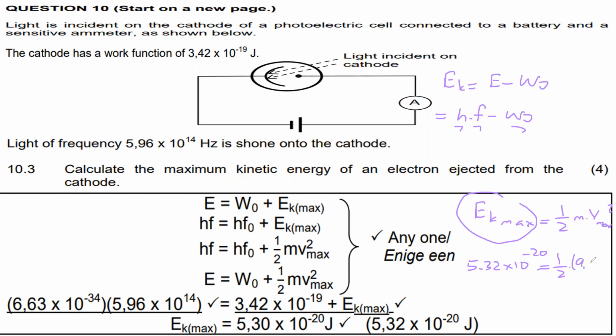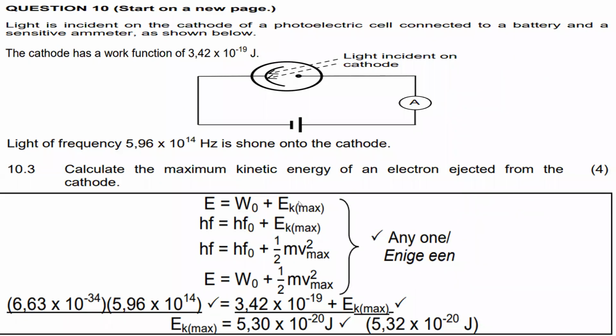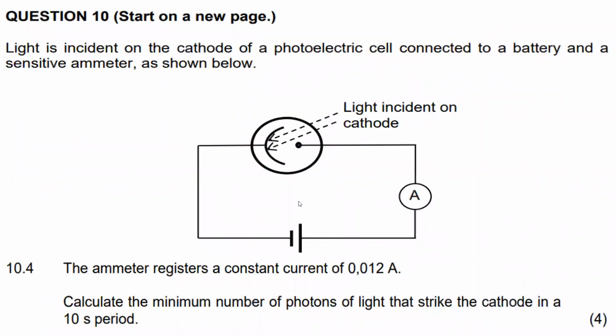We know already 9.1, a constant number, and v max. So we know everything, only v max you can calculate from this equation. So they can ask you that kind of question also. So we calculate maximum kinetic energy by using the energy of the photon and the work function.